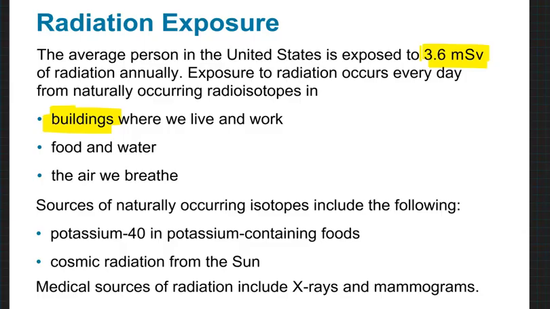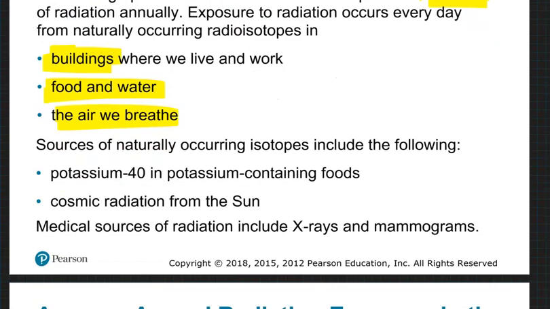You probably have heard about the radon inspections. That's exactly because of the concrete, basements. Okay? Food and water, there's some, the air, obviously. But we do not receive a lot of cosmic radiation because it's far and because there's an ozone layer. There is some degree.